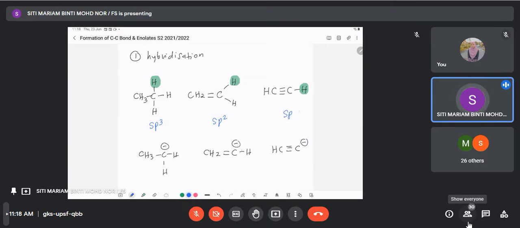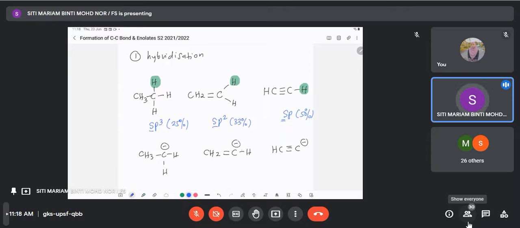For sp2, you have 3 orbitals, 1 S and 2 P, so 100 divided by 3, more or less, gives you 33% S character. For sp3, it's around 25% S character.